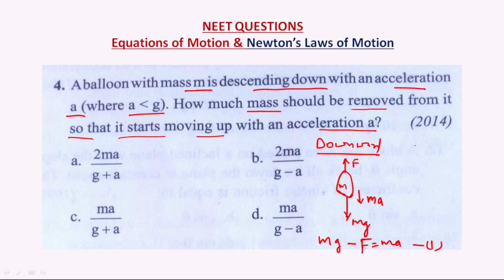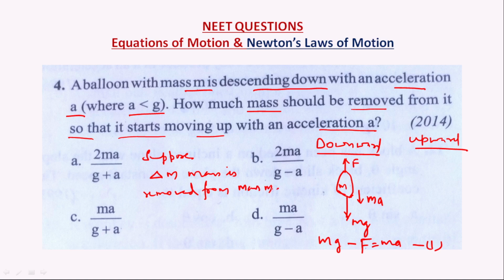Now, we need to remove some of the mass so that it can move upward. Let us suppose delta m mass, a small mass, is removed from mass m. In that case, this balloon has started moving upward.